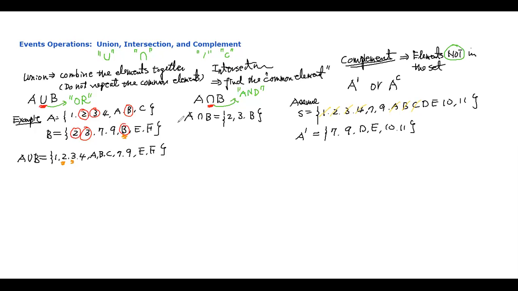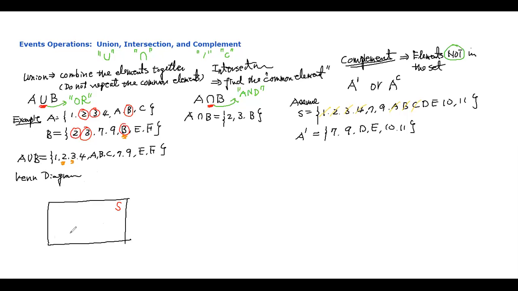Typically in the Venn diagram, we use a rectangle to represent the sample space, and for the events, I use different circles.